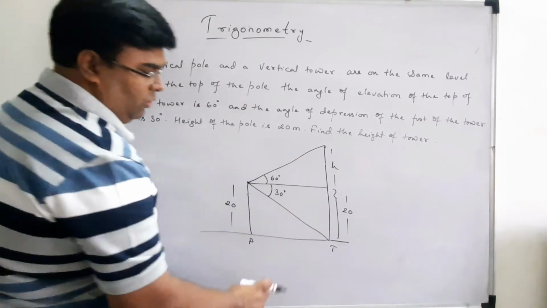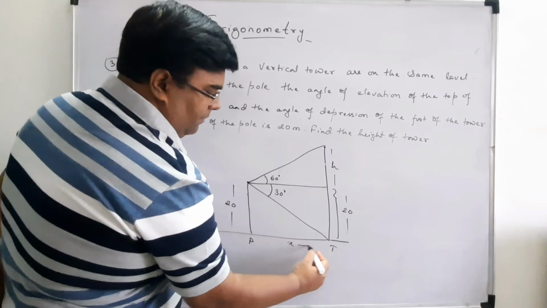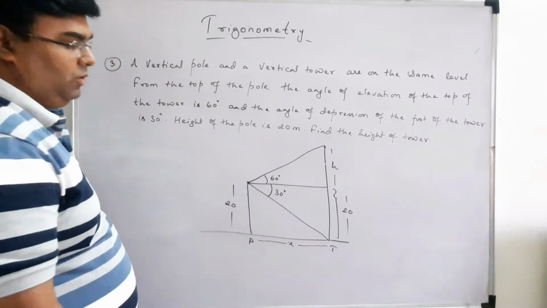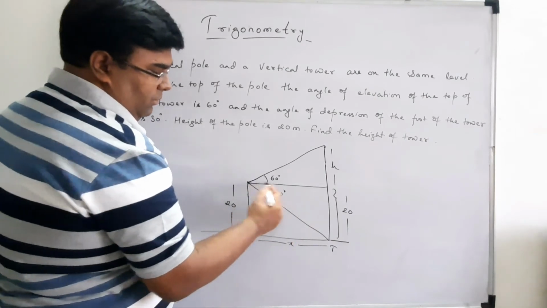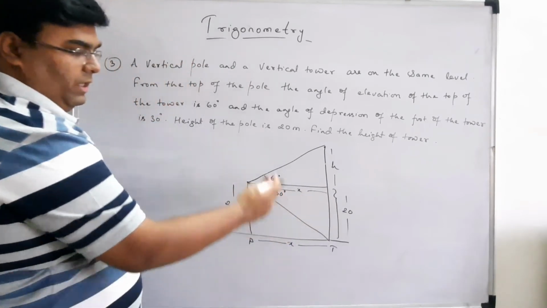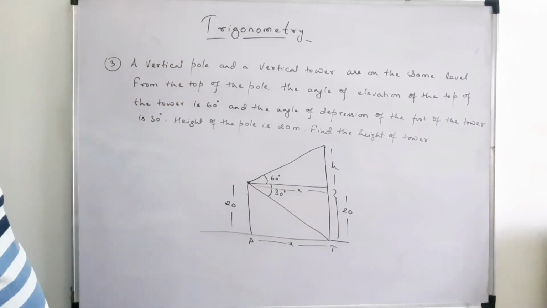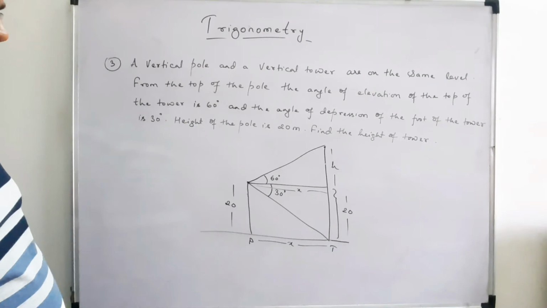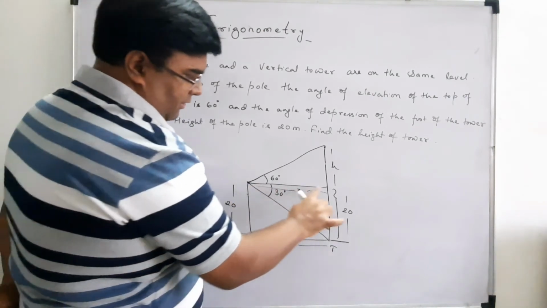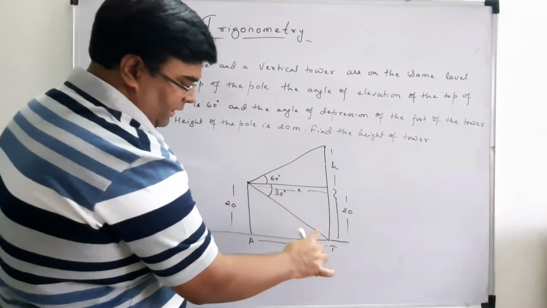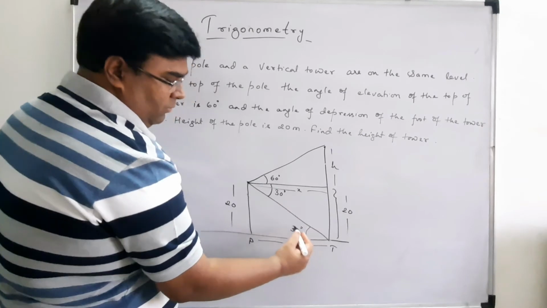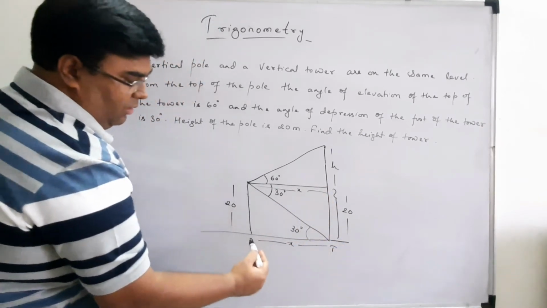And we also don't know the distance between the pole and tower. So this x, this will also be equal to what? X. Same logic, rectangle. Okay, now, if we look at this lower triangle where the 30 degree is there, or this 30 degree is equal to 30 degree here also, alternate angles, so you can look at this triangle also.